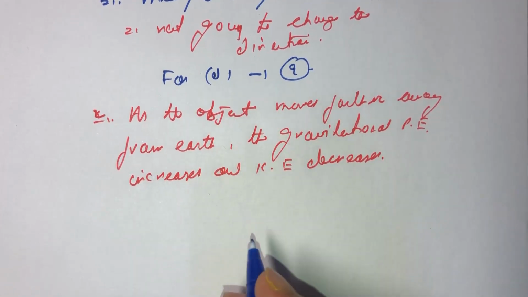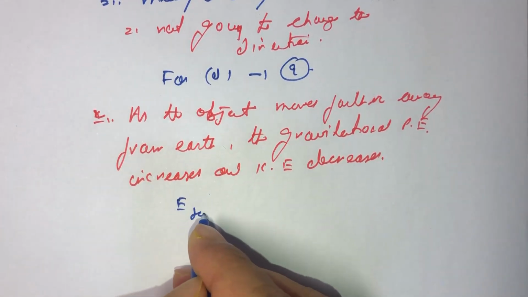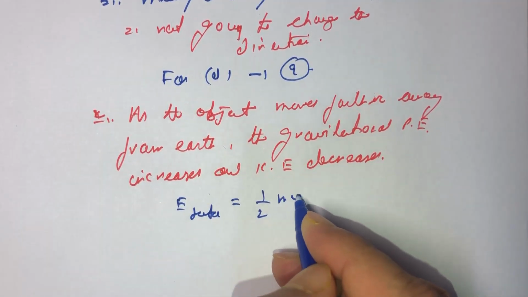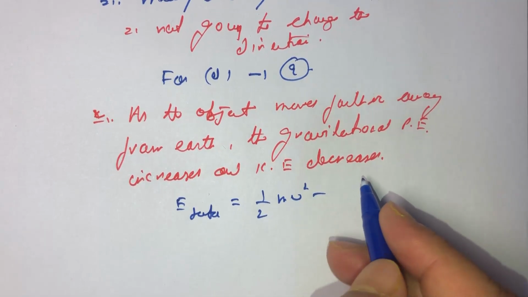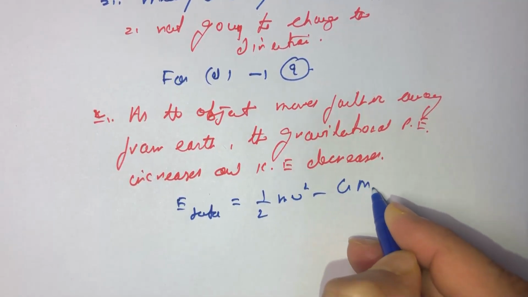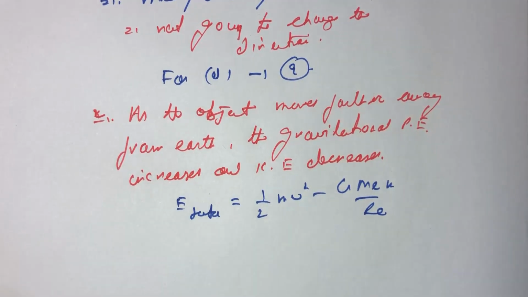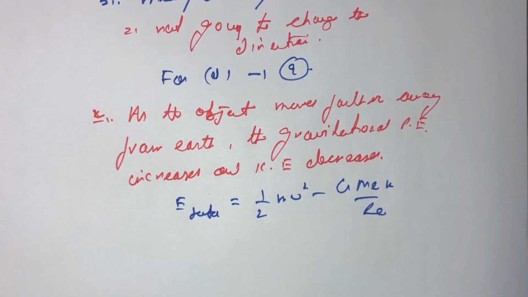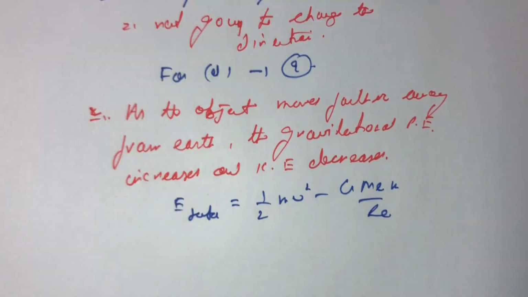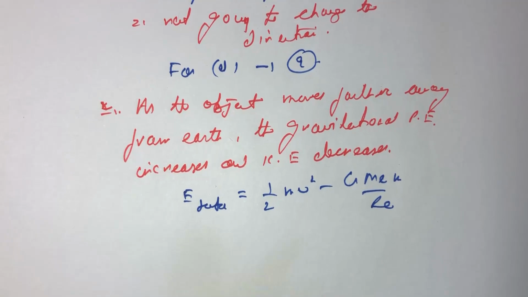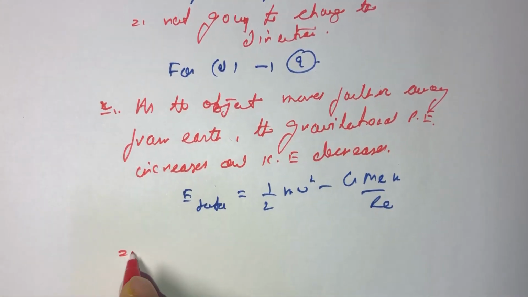So our total energy will be equal to half m v square minus G M m upon R e. The object's velocity will asymptotically approach 0. This conclusion can be easily drawn.